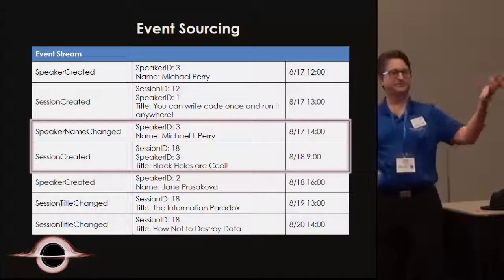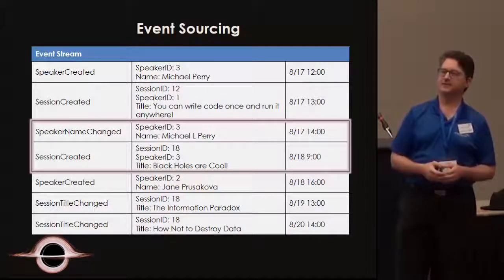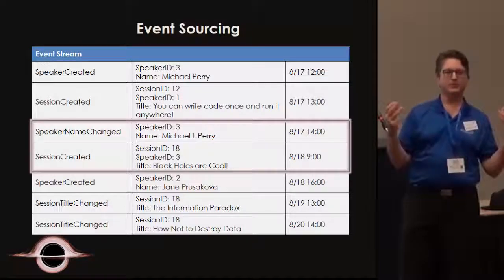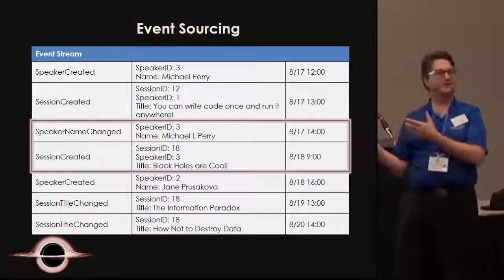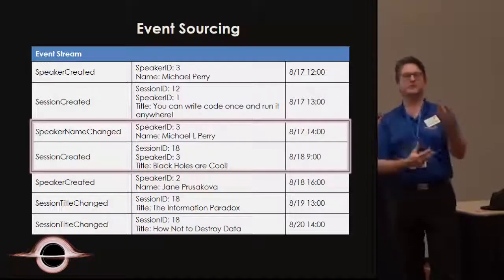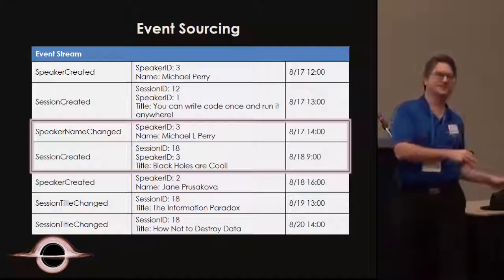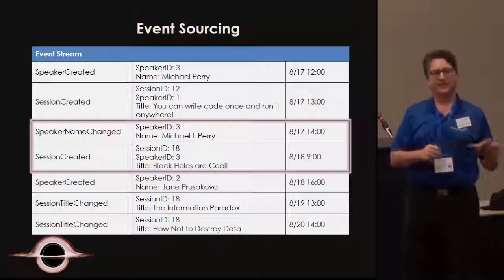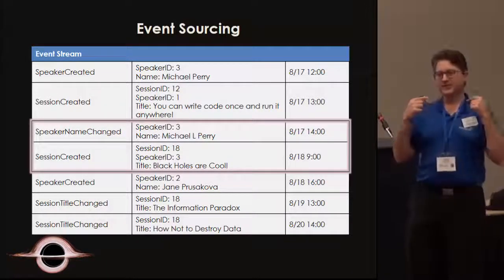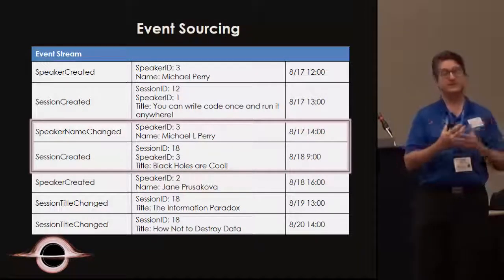But in one, I changed my name, and in another one, I created a session. So does the order matter there? They're both related to the same objects, but it doesn't matter which one came first. Sometimes order matters, sometimes it doesn't. And as it turns out, that is an important aspect of modeling software, especially in a distributed system.